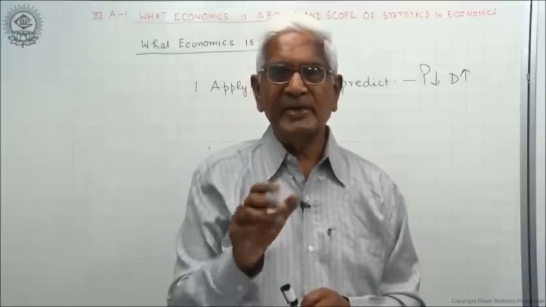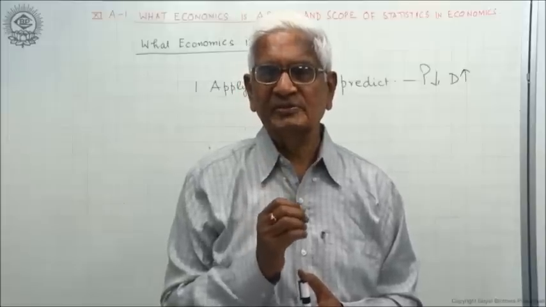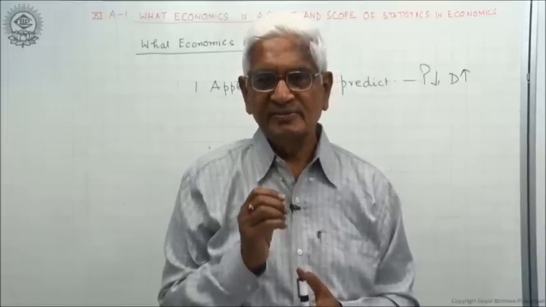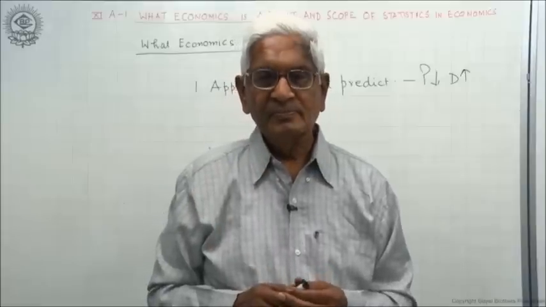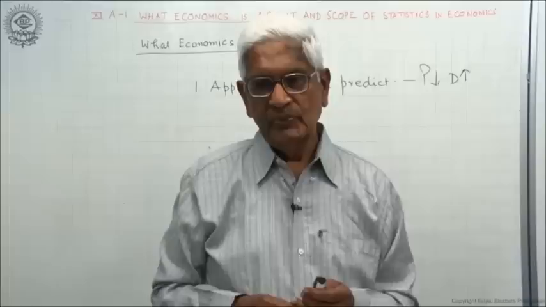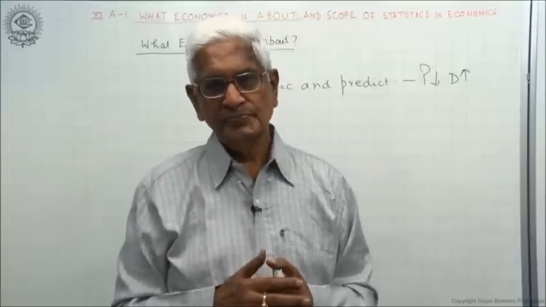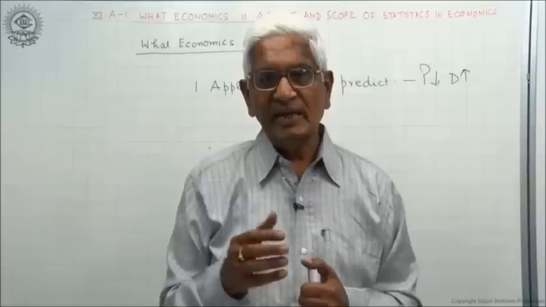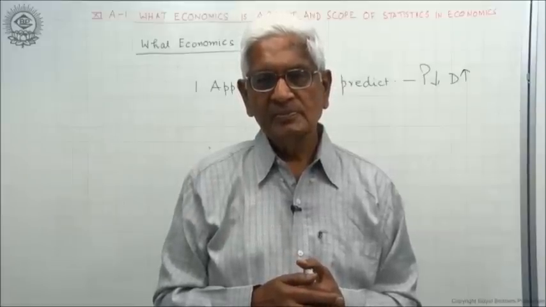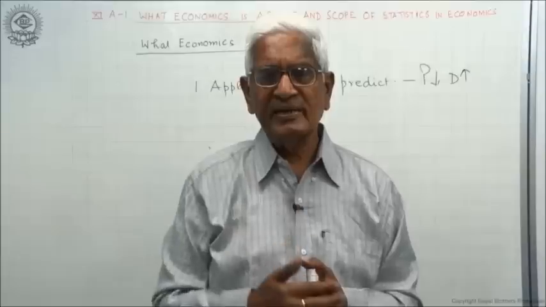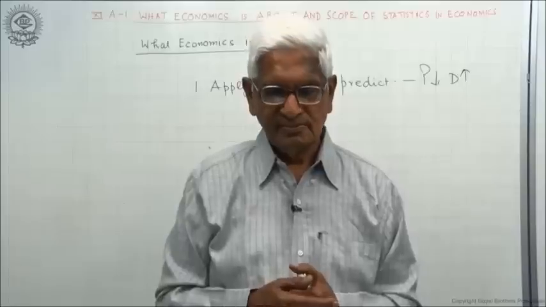We have just made a prediction that our logic says, our thinking says, that this is likely to happen. Now, the thinking may be wrong, the thinking may be partly wrong. How to know that my thinking is correct?